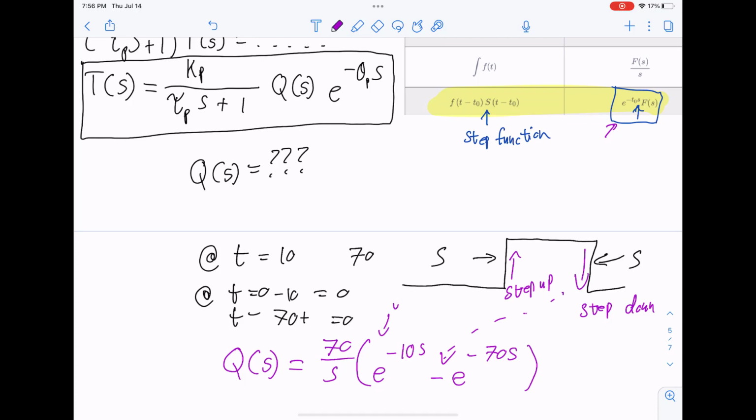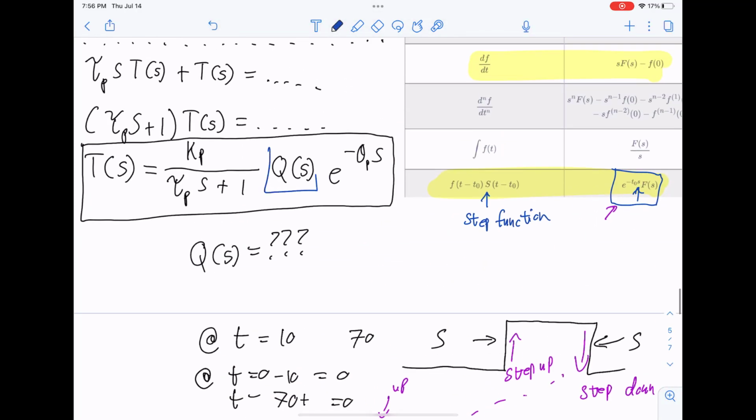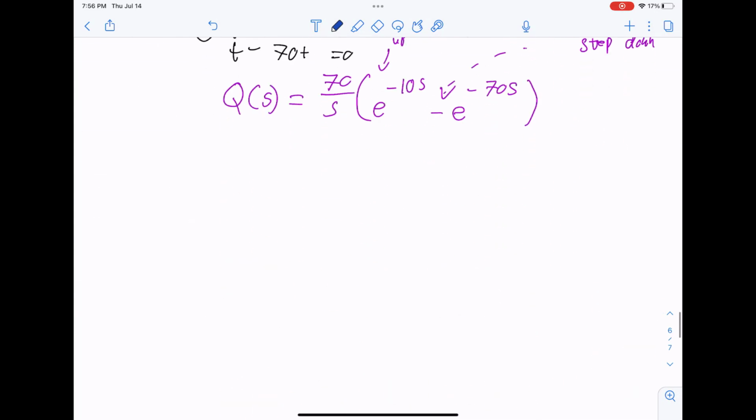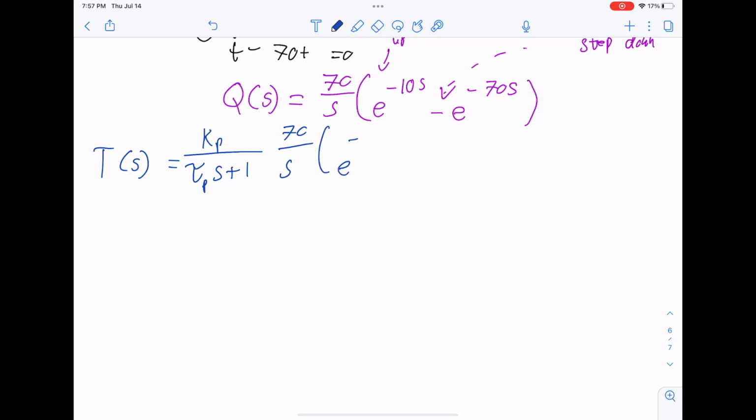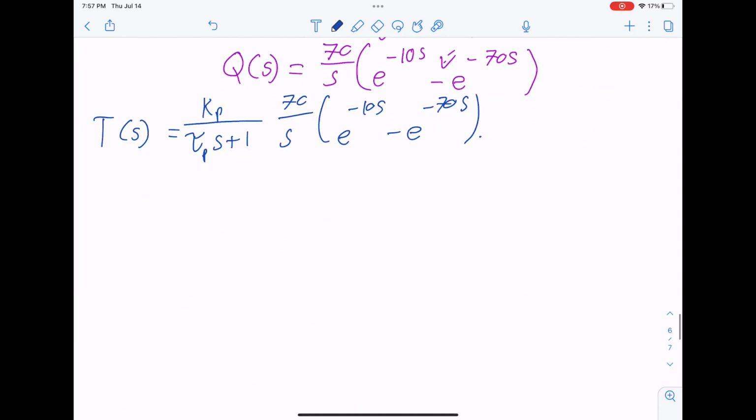It's because it's stepping down, whereas this one's stepping up. So if we put it all together, we're going to have T of s is equal to Kp over tau p s plus 1 times 70 over s times e to the negative 10s minus e to the negative 70s. We had one last term, which was this e to the negative theta s.